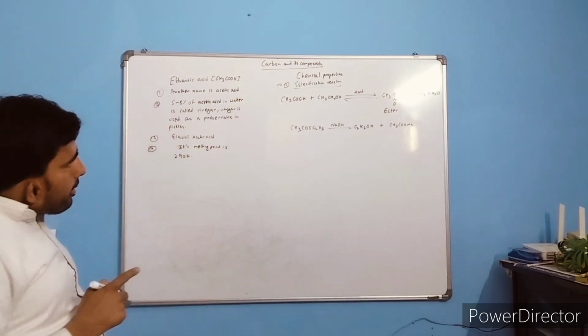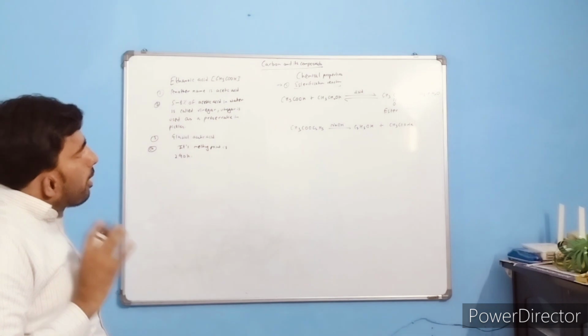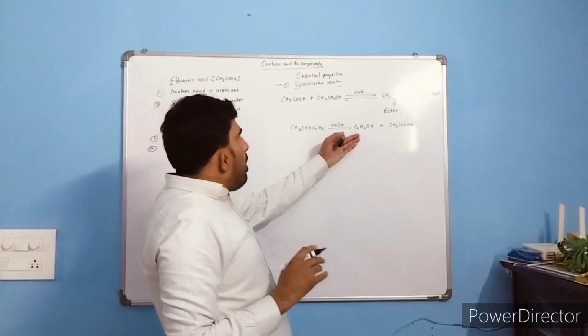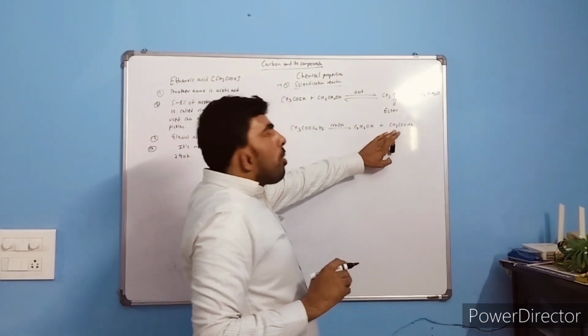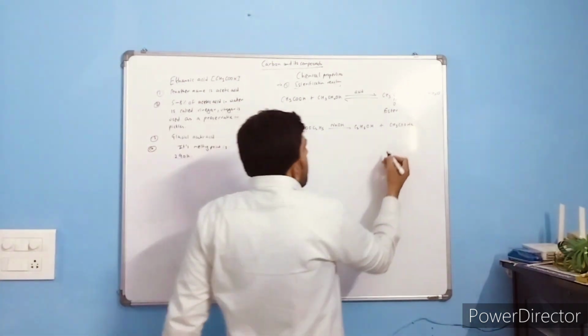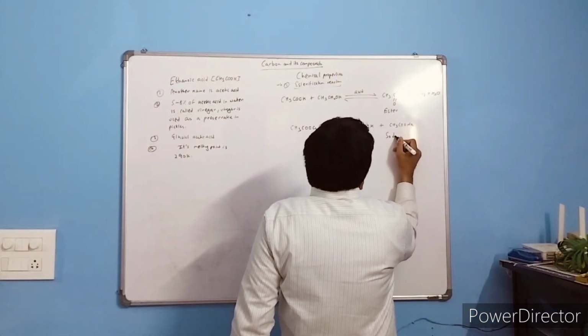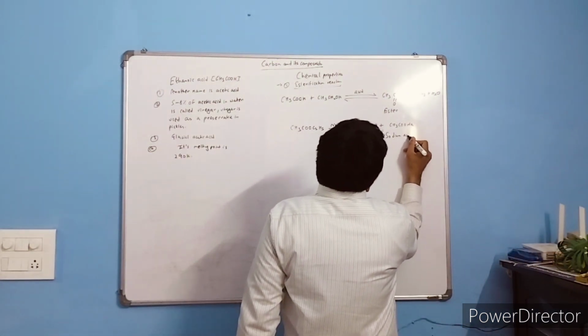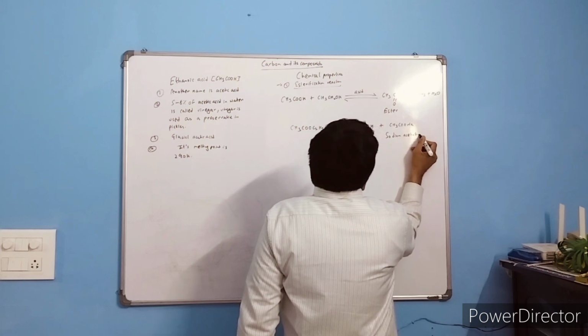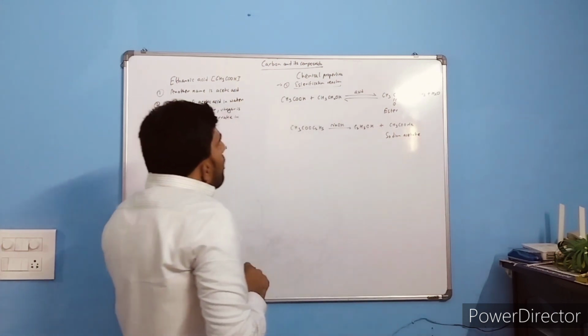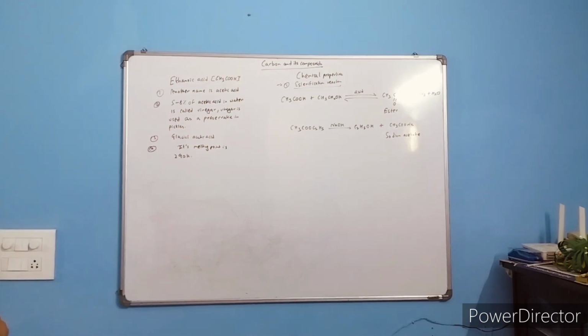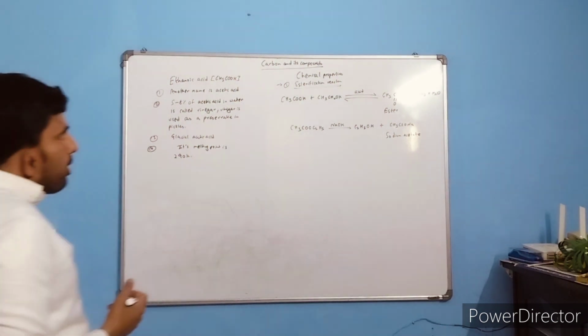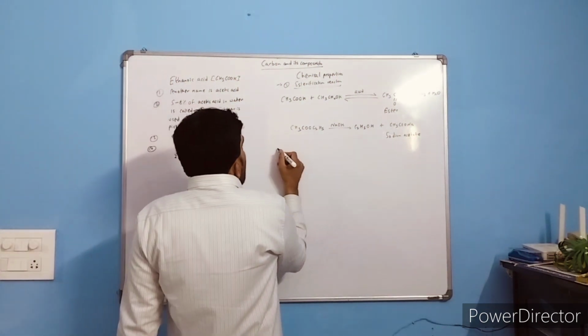So this ester can be converted back into alcohol, and I got this sodium compound, which is sodium acetate. So this is the first chemical property of ethanoic acid, the esterification reaction.